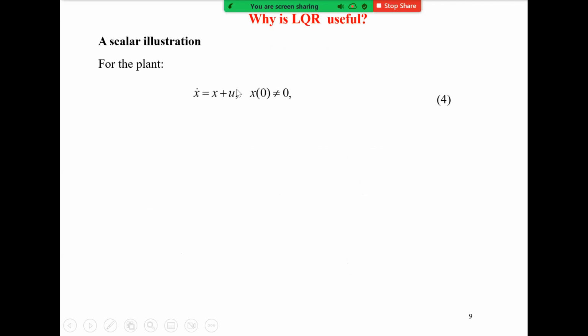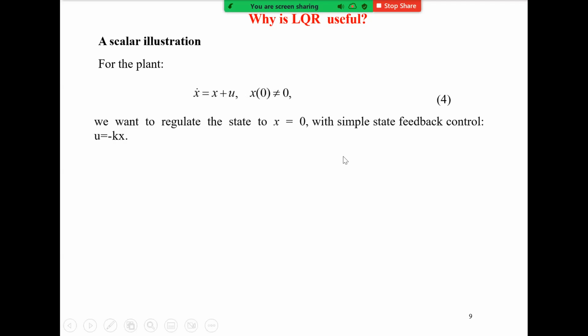Of course, we want to bring the state from a non-zero initial state to 0 with a simple state feedback. So this input is just minus k times x, where k is a scalar. We want to find out what is the best way to do it.